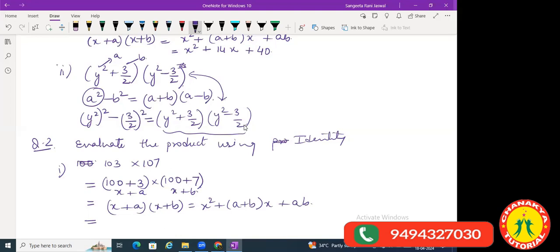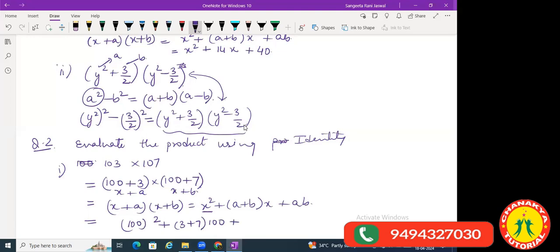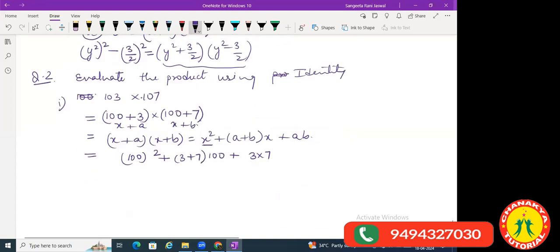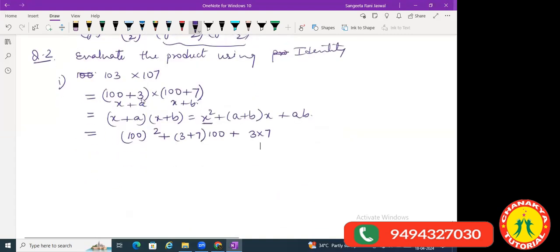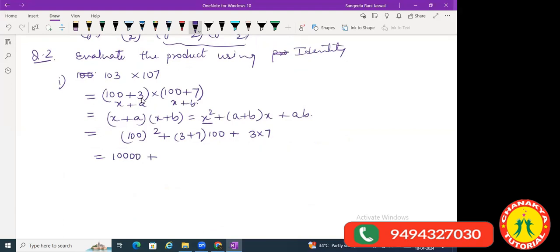Okay, so in place of x, we can write 100 square, right? And then we have a plus b, that is 3 plus 7, times x which is 100, plus a into b, that is 3 into 7. Then you get 100 square, which is 10,000, plus 7 plus 3 is 10, 10 into 100 will be 1,000, plus 7 into 3 is 21.